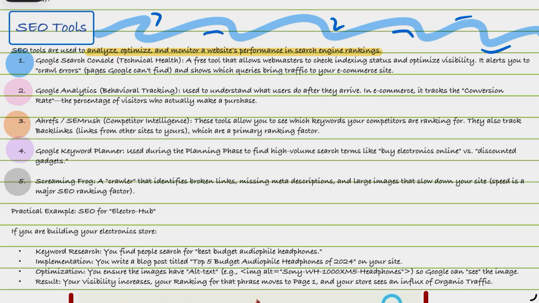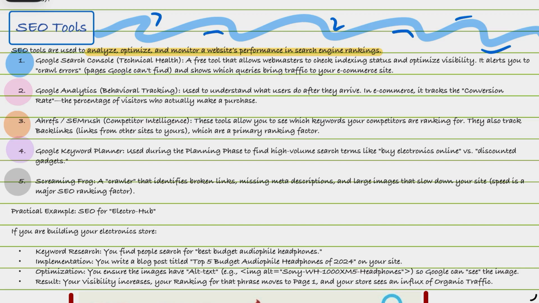It is your technical health dashboard. It monitors how search engines crawl your site, alerts you to indexing errors, and highlights any broken pages or mobile responsiveness glitches. All the technical health is displayed on Google Search Console.